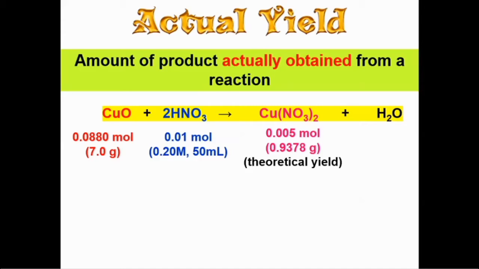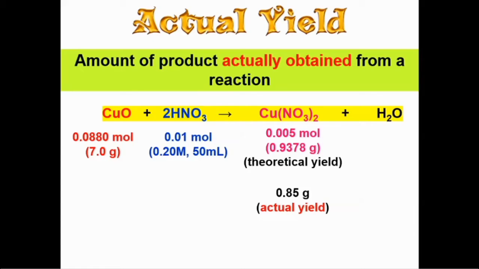This is the theoretical yield. However, in the actual reaction, we don't get this 0.9378 grams that we should get for the mass of copper(II) nitrate. Instead, we only managed to get 0.85 grams. So this mass here is what we call the actual yield.